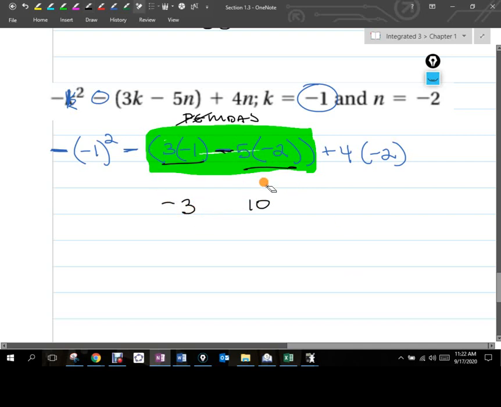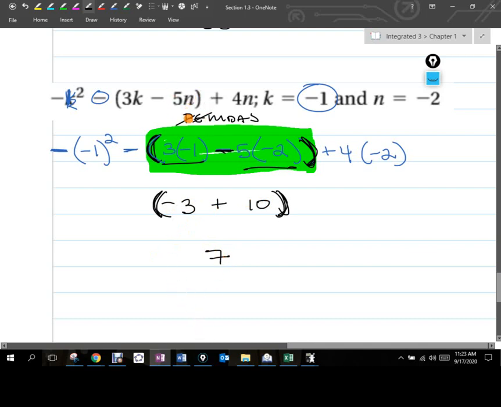So regardless of how I do that, this here is going to simplify down to +10. Okay with everybody? And that parenthesis right there and that parenthesis right there are still existing because I haven't combined everything inside yet. So what's -3 + 10? 7. Okay.